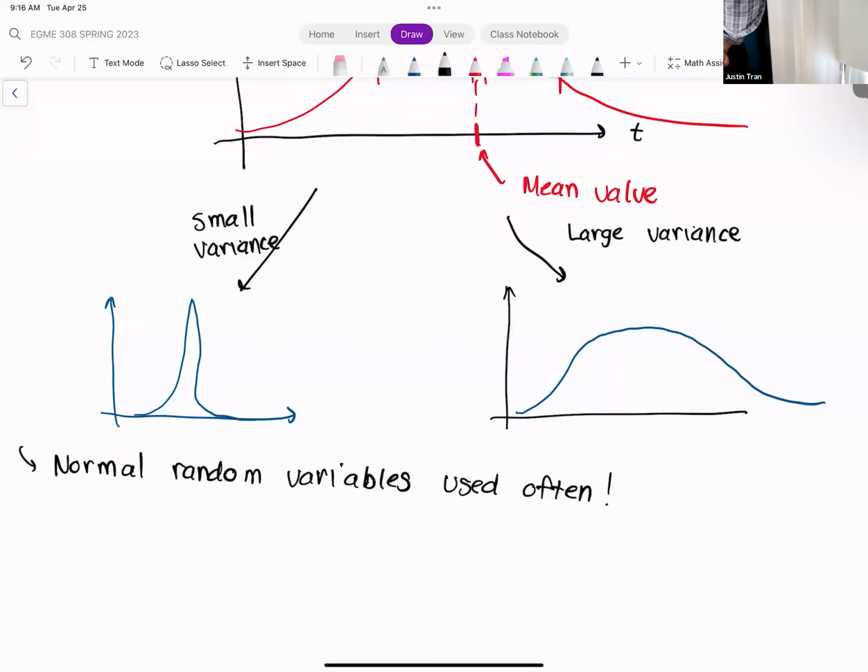Because the thing with the normal random variable is that very clearly we have a preferred value. Okay? So there's going to be a mean for the random variable. But then we also have equal variations on both sides of that preferred value.